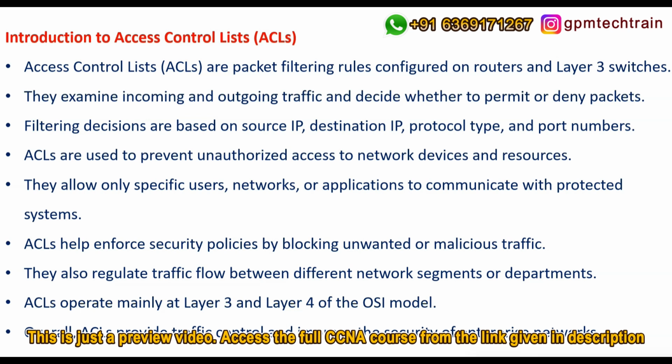It operates on layer 3 and layer 4 of the OSI model, because ACL filters are based on IP addresses or port numbers. It provides traffic control and improves the overall security of the enterprise network.